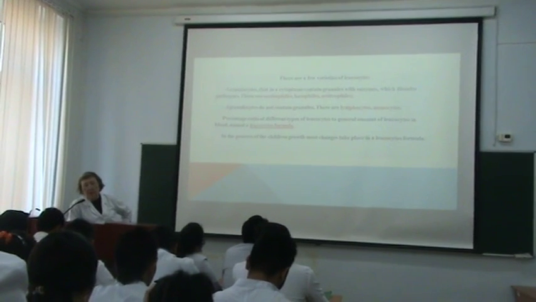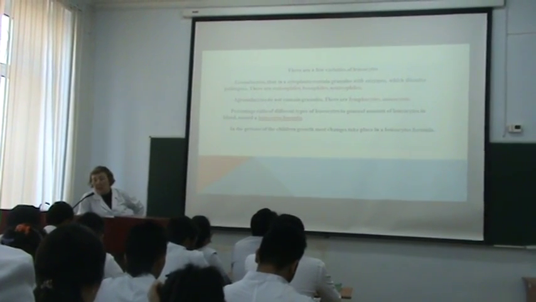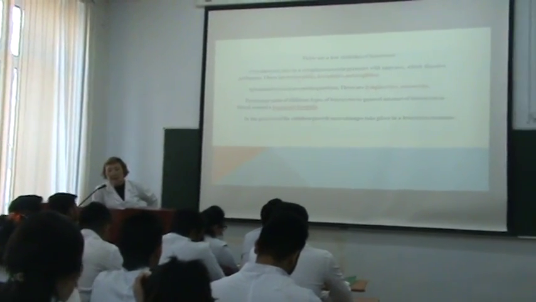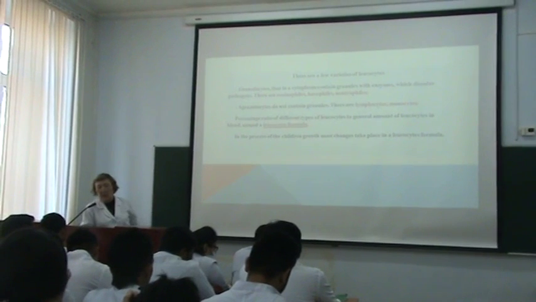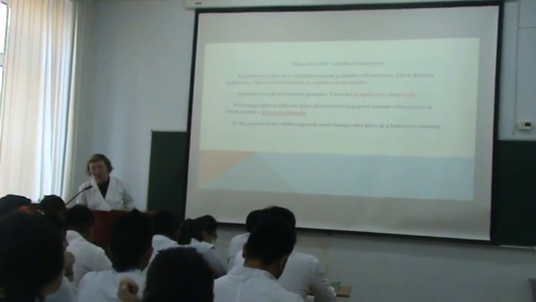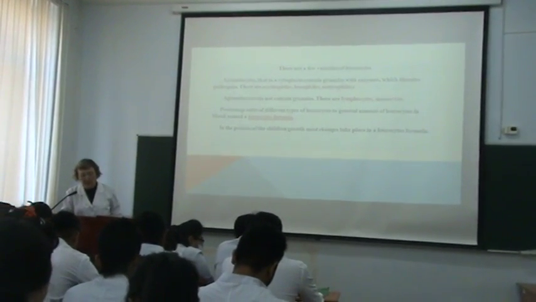The percentage ratio of different types of leukocytes to the general amount of leukocytes in blood is named the leukocyte formula. In the process of children's growth, most changes take place in the leukocyte formula.